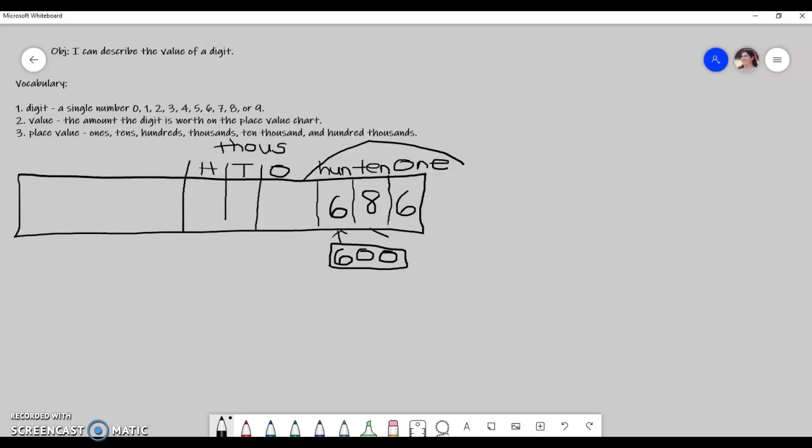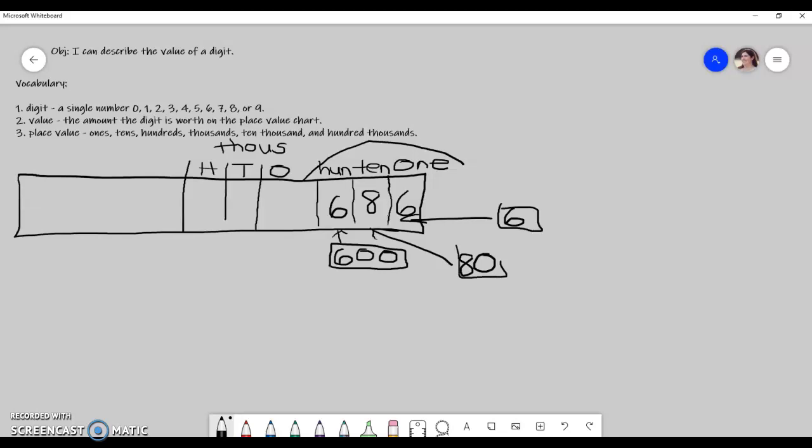So if I were to do the value of the 8, I have 1 digit following the 8, so that means I put 1 zero in the place of that 1 digit following the 8. So the value of the 8 here is 80. Then I have the ones place, and the digit is 6, and there are no digits following the ones place, so the value of that number is 6.